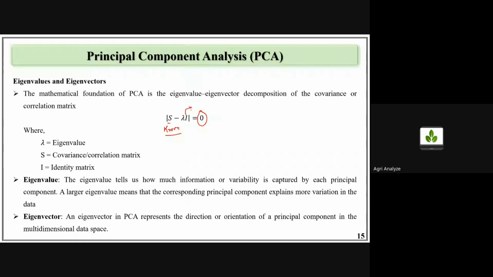So we have to equate this equation to 0. S is the variance-covariance matrix, which is always known. The identity matrix has diagonal elements equal to 1, so it is also known. We equate this equation to 0 and get the value of lambda, which is the eigenvalue. This equation is known as Fisher's criterion.